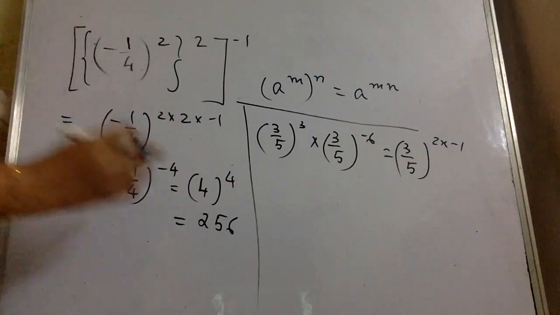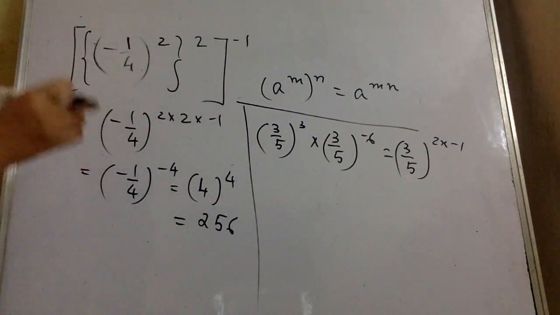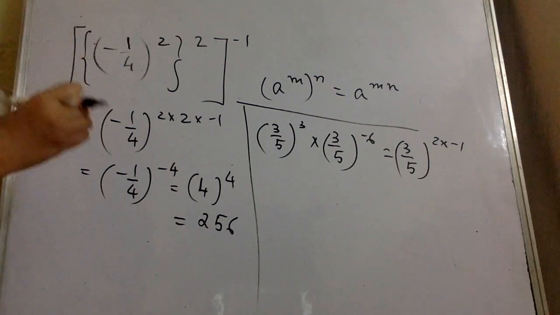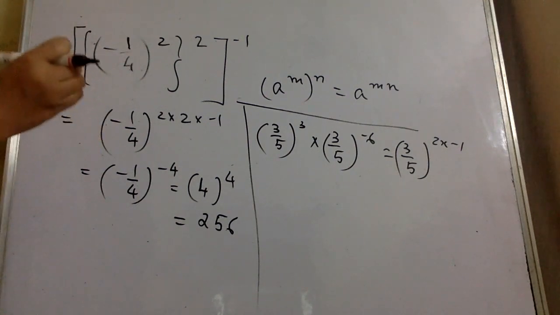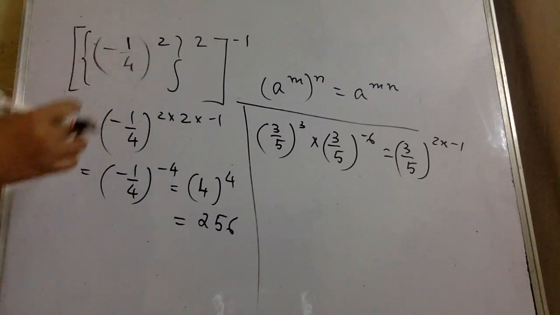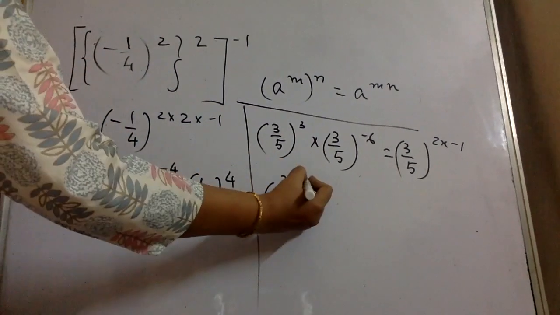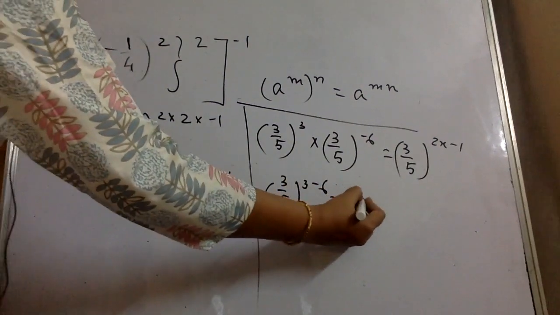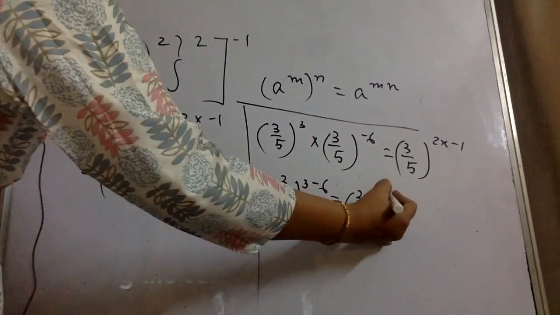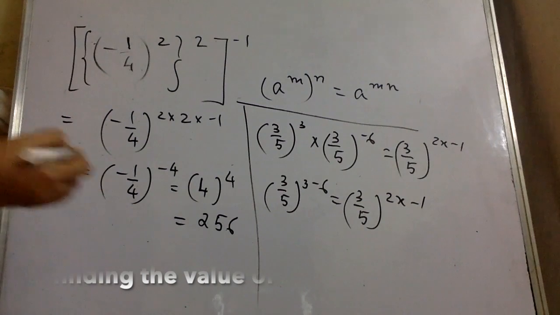Okay, so we shall be using the first law of exponents, which is a to the power m into a to the power n is a to the power m plus n. So 3 by 5 to the power 3 minus 6 is equal to 3 by 5 to the power 2x minus 1.